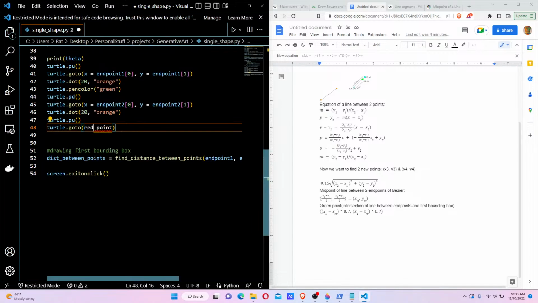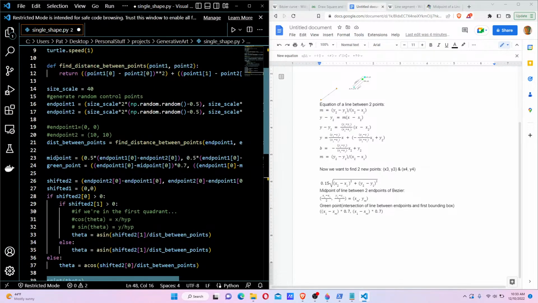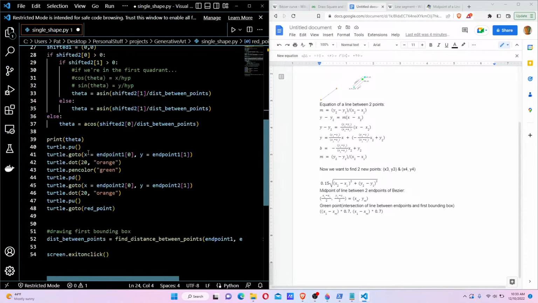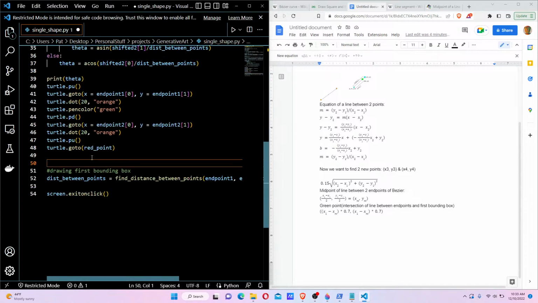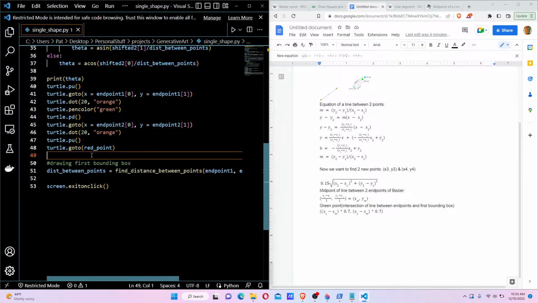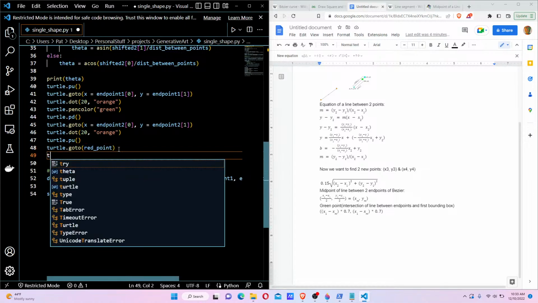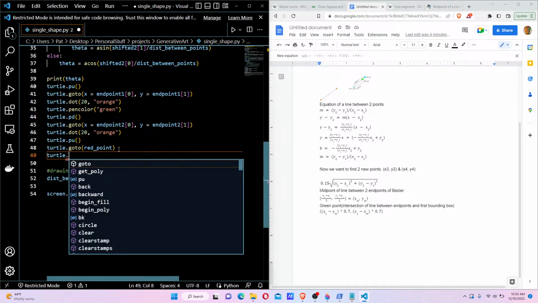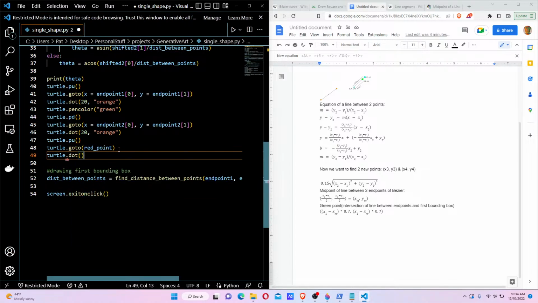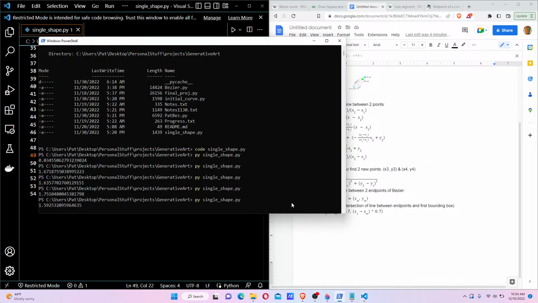Guess I'll call this the red point. And then turtle dot dot 20 red. Okay, now let's see what this does.